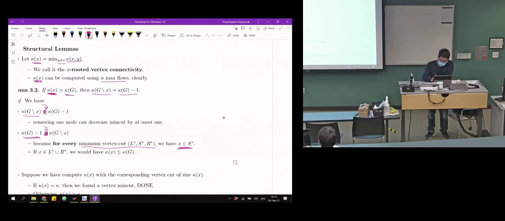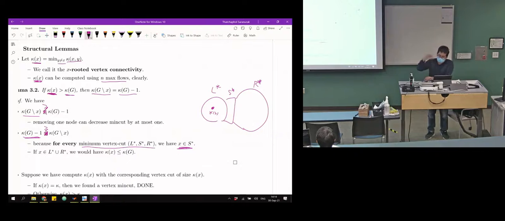Because if you take any min cut L, S, R, and x is on the L or R side, then kappa of x must be at most kappa, but that is not the case.